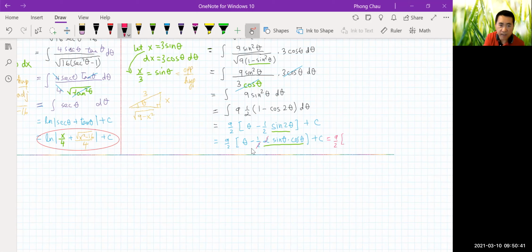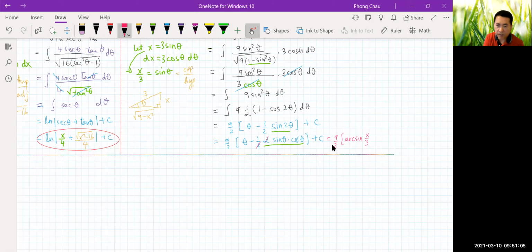What is theta? Sine of theta is x over 3, so theta is the sine inverse of x over 3, or the arcsine of x over 3.